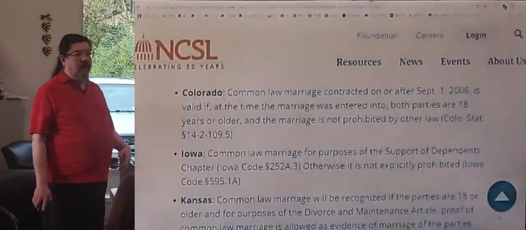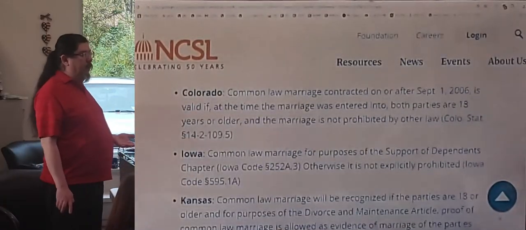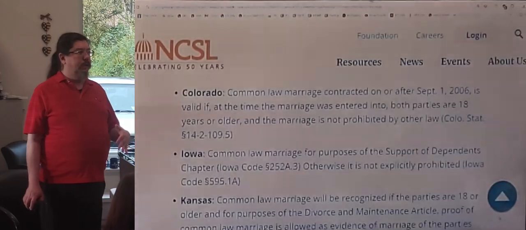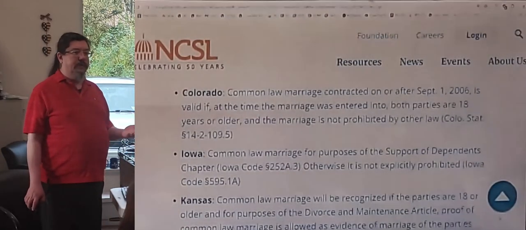And if you satisfy the requirements to be married under the common law in any one of these states, then you continue to be married even if you move to another state.